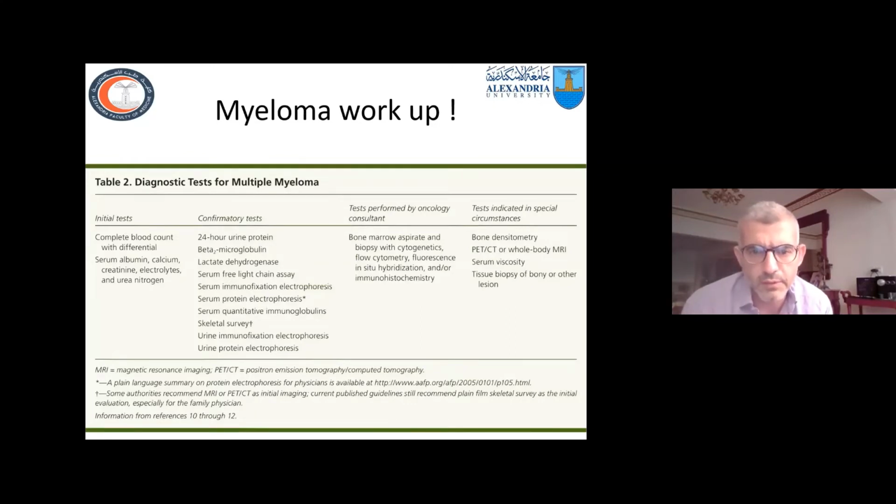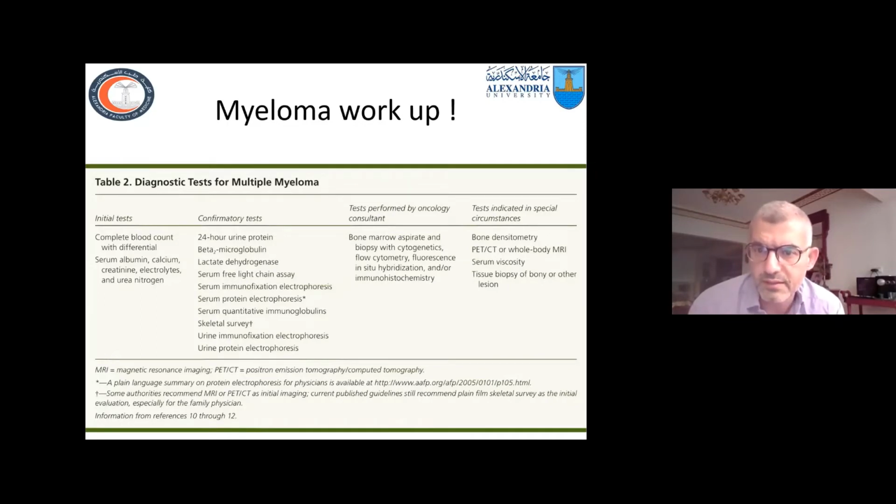Also other tests, which are more sophisticated or more confirmatory, or mainly to classify the type of the myeloma. We have the bone marrow aspirate and biopsy, together with cytogenetics, flow cytometry, and fluorescence in situ hybridization or immunohistochemistry, that we usually do in order to classify and define the myeloma.